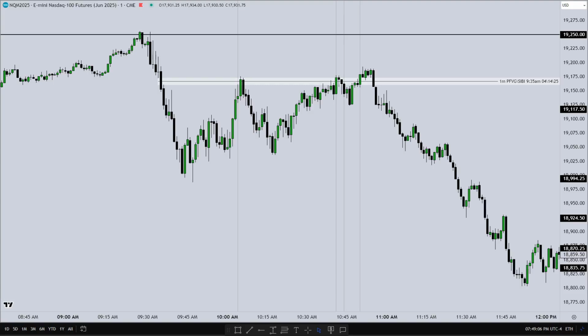In this example, I'm just using 9:30. So that's just to sort of build an understanding of the gap. But when I'm watching real-time markets, I am utilizing all of the first presented fair value gaps and any other gaps.